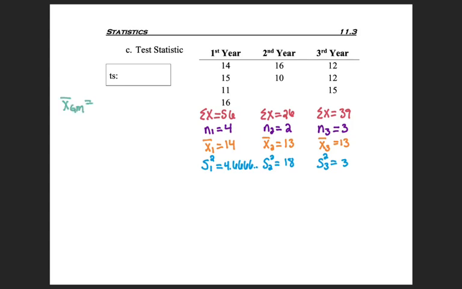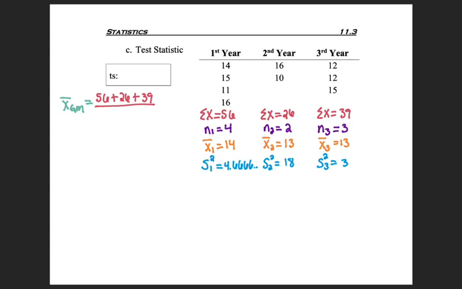I'm ready to find X bar GM, the grand mean. So I need to take the sum of all of these numbers, but you'll notice I didn't start with that. We've already been adding them by group. I think it's easier to start with that 56 plus the 26 plus the 39 and divide that by the count.